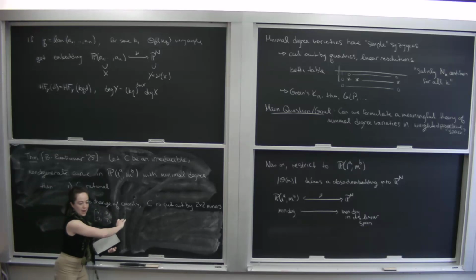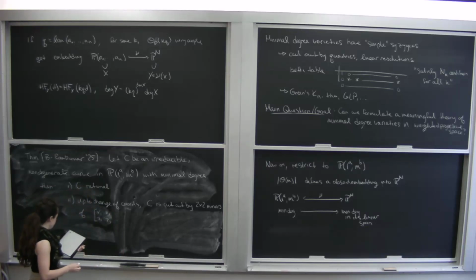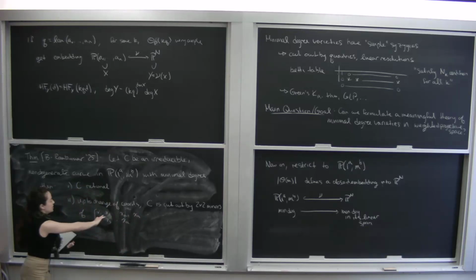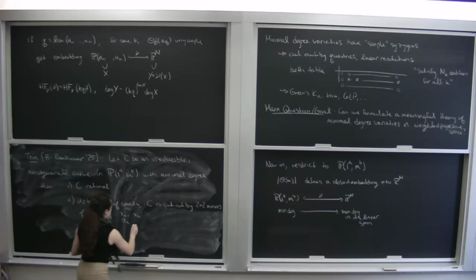I want to write down a rational normal curve because that's what I feel in my heart should be minimal degree. But unfortunately, I'll get to this step. So my x's are going to be my degree 1 variables. I'm going to use y for the degree m variables.